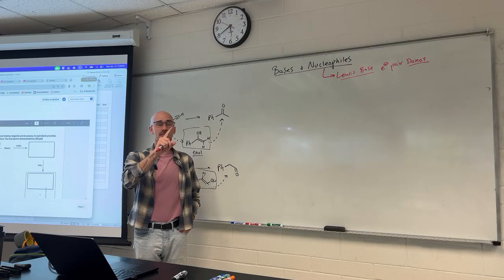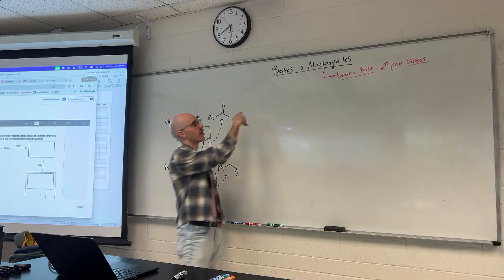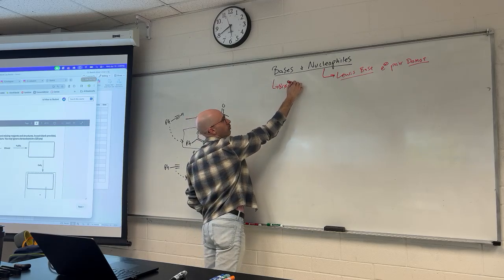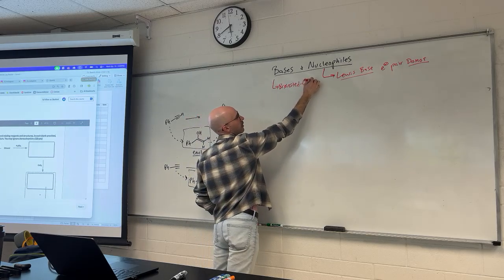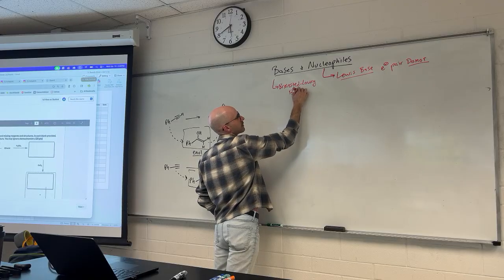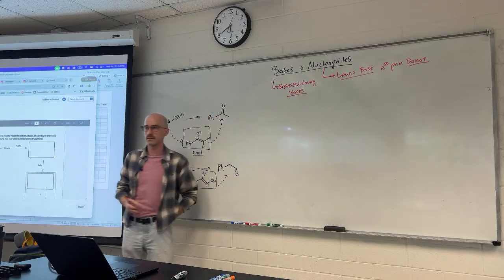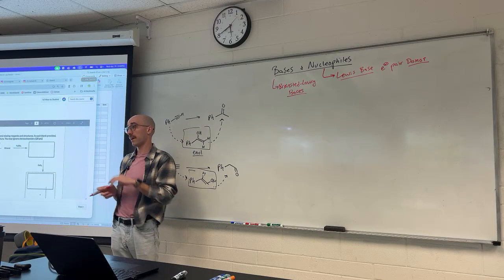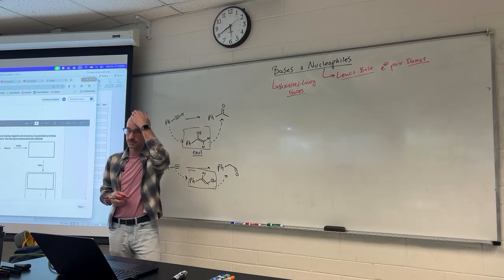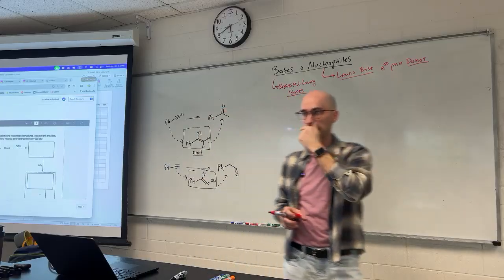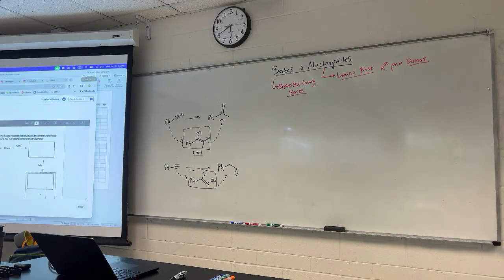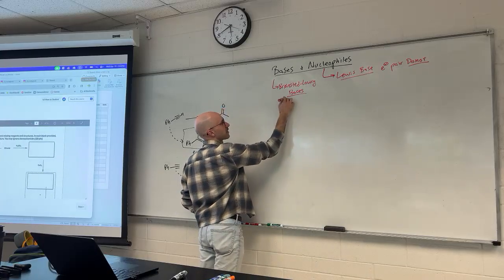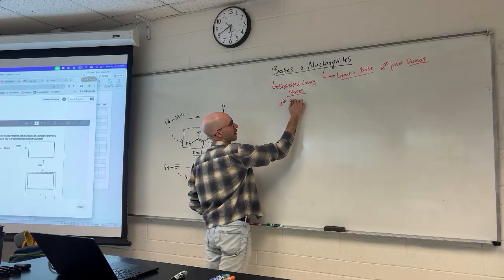All Lewis bases are Bronsted-Lowry bases, but not all Bronsted-Lowry bases are Lewis bases. A Bronsted-Lowry base involves hydrogen. What does it do with hydrogen? Accepts it. This is a hydrogen ion acceptor.